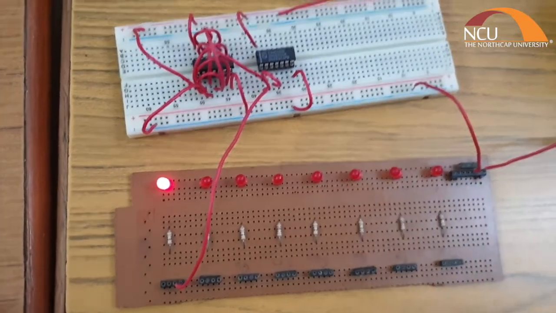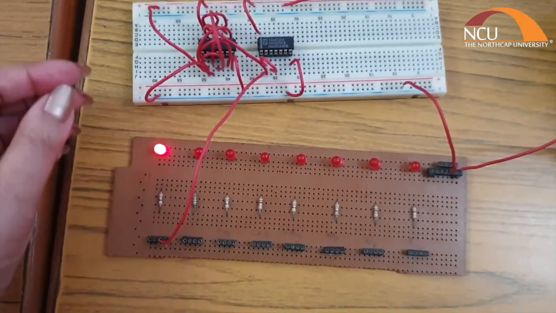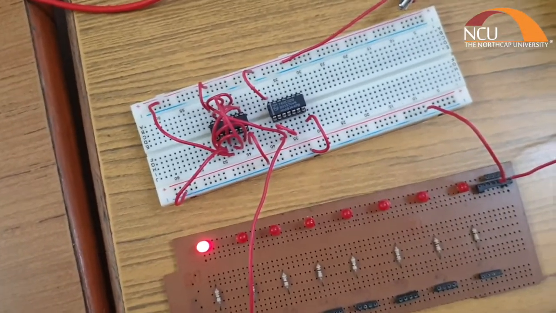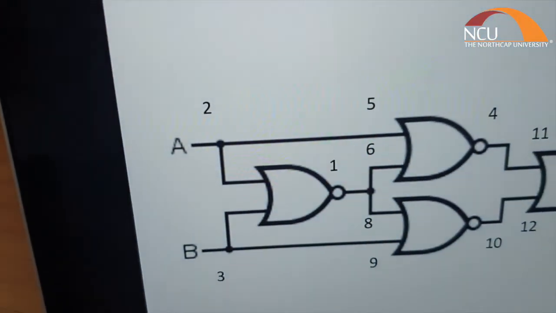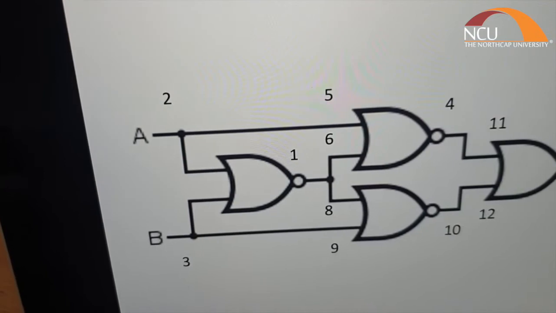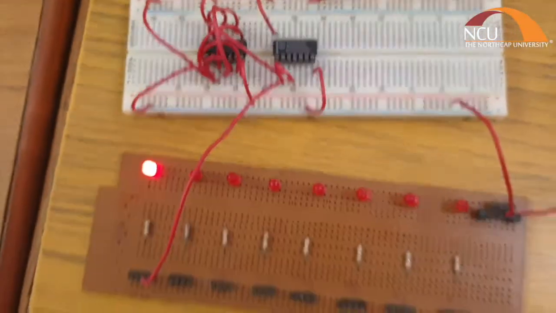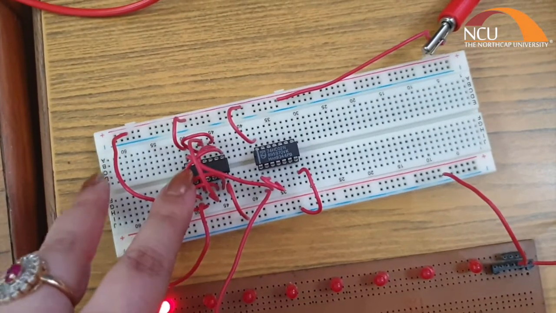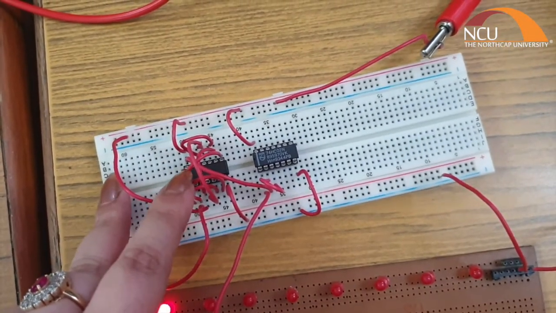Now you can just see the connections. Like I have already told you, you have 2 and 3 as inputs and 1 as output. Again 5 and 6 are inputs, and 4 is the output. You can see here, pin number 1 is your output.